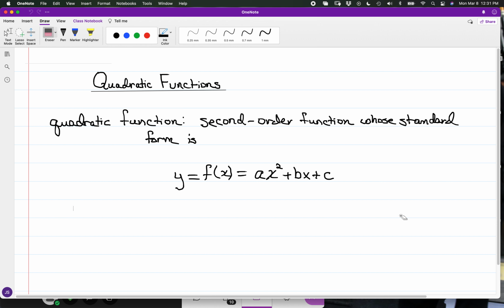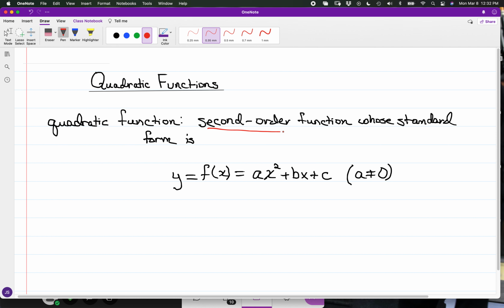And for a formal definition, a quadratic function is a second order function whose standard form is y equal to f of x, f of x being one of the notations in the functional form that we have to represent y, set equal to ax squared plus bx plus c, where a does not equal 0.